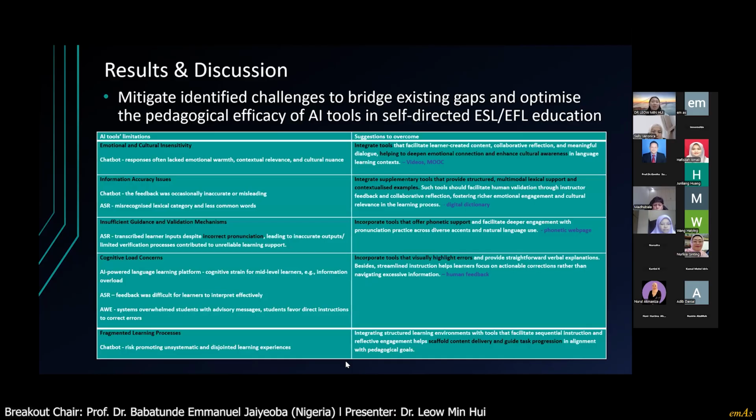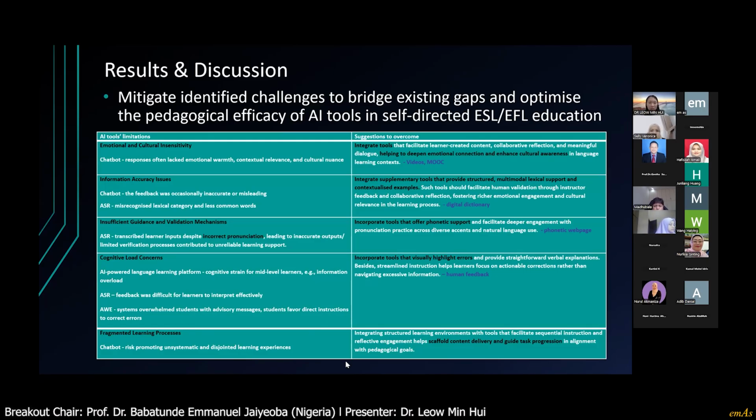The study points out the key limits of current AI tools in self-directed ESL and EFL learning in this table. As we can see, the chatbot has emotional and cultural insensitivity. So what can we do to solve that problem? This study suggests the integration of different tools, not only AI.